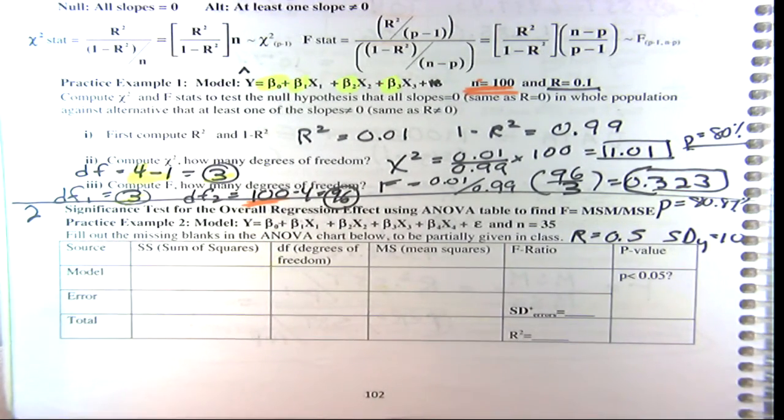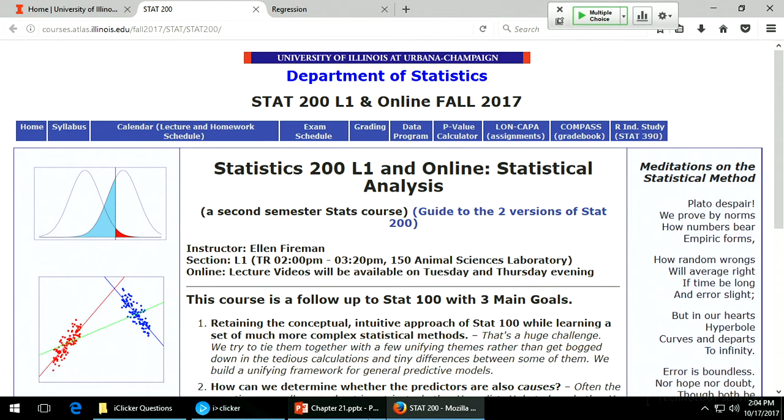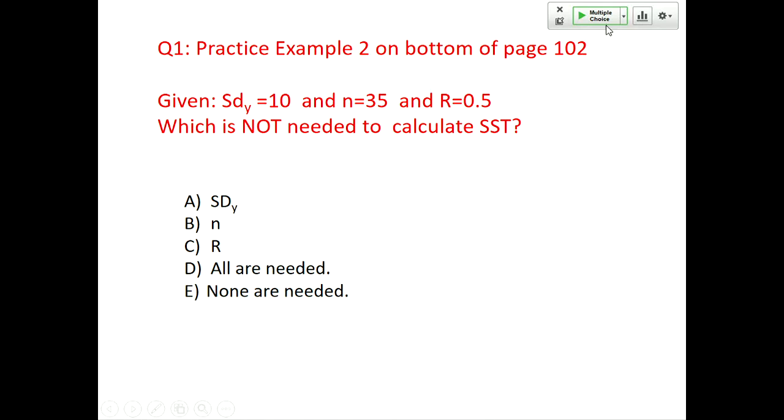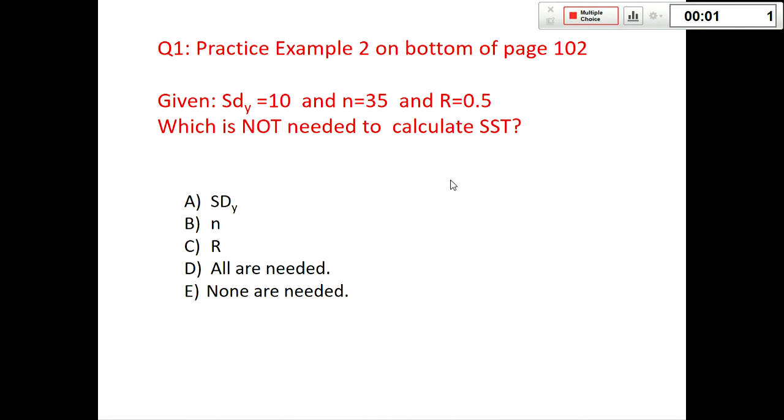So I'm going to go to the iClicker right now. Okay, so let's start this. You're given the standard deviation of the y's, n is 35, and r is equal to 0.5. Of those 3, which one is not needed to calculate the SST, the sum of squares total?